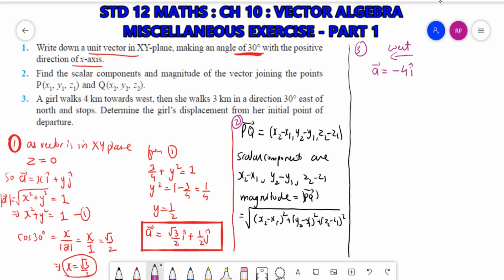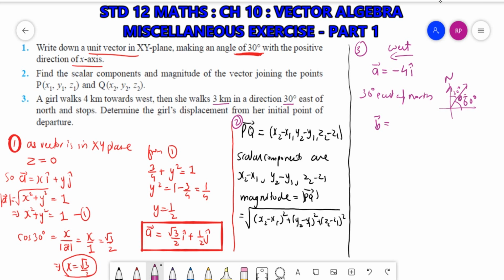Then she moves 3 kilometers in the direction 30 degrees east of north and stops. That means 30 degrees east of north. This is the north direction and this is 30 degrees, so it makes this angle of 60 degrees with the x-axis.